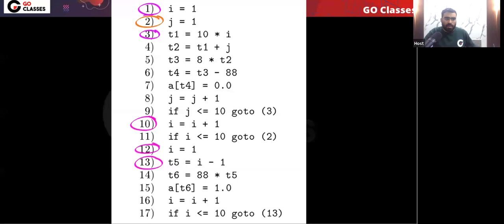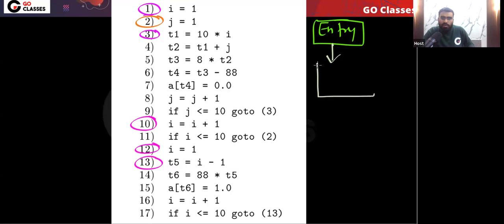Now, you already know what the basic blocks are. So tell me how many edges you will put. Let's create. So there will be an entry node. Remember one thing, please understand. From the entry node, there will be only one edge. To which basic block? Tell me, to which basic block?